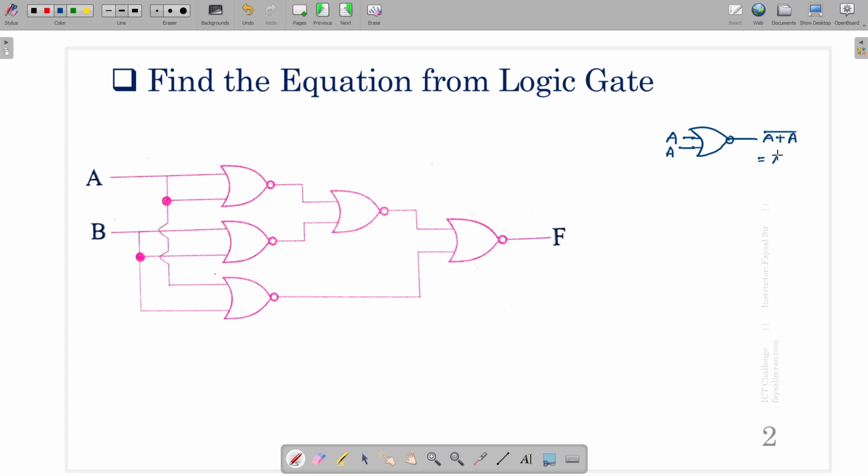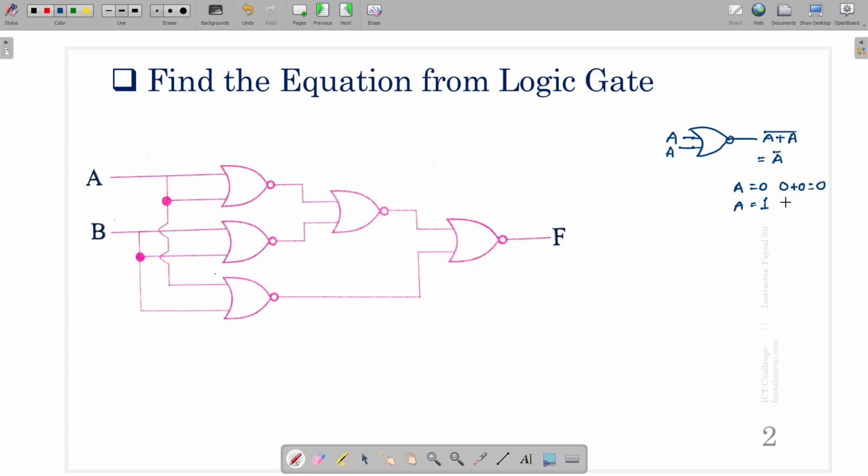That means this is A bar, because in this equation A can contain just two types of value: A can be 0 or A can be 1. Without these values A cannot contain any kind of value, right? Because 0 means false and 1 means true. That means if I place 0 plus 0, you will get 0, right?